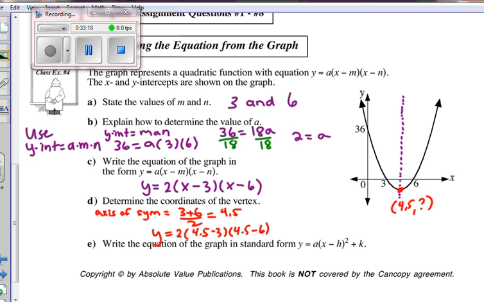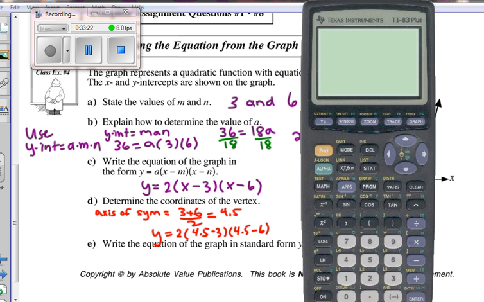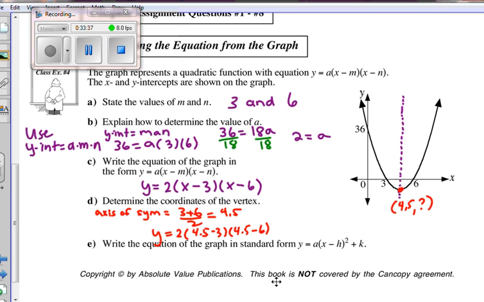You could also use a trace feature if this was graphed on your calculator, or just type this in. 2 times 4.5 minus 3 is 1.5. And then times 4.5 minus 6, negative 1.5, and get negative 4.5. So what is that as a point? x was 4.5, y was negative 4.5.